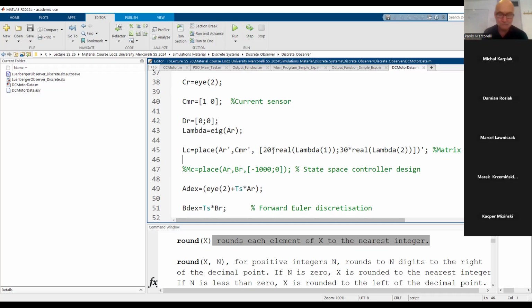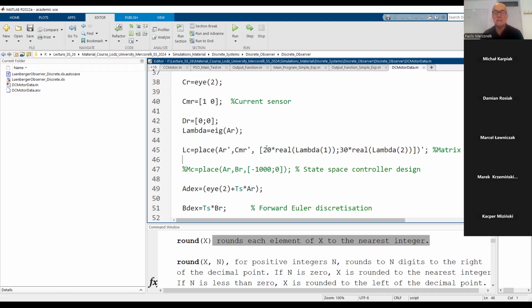How much? Theoretically, infinitely faster. But of course, with infinitely faster, we have some numerical problems. In general, we have some technical problem to realize an infinitely fast observer, which is easy to understand.